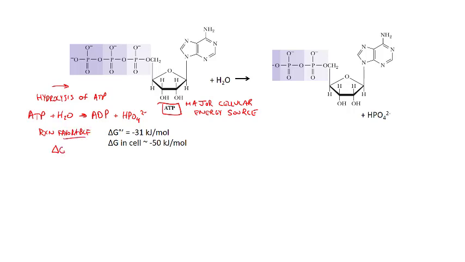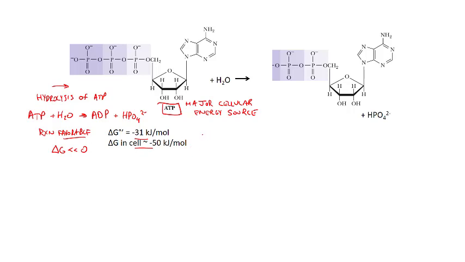We mean that it has a delta G that is significantly negative. So the standard delta G for this reaction is about minus 31 kilojoules per mole. You don't need to know that number. Don't attach any significance to it. But under normal cellular conditions, it's actually lower than that. It's around minus 50 kilojoules per mole.